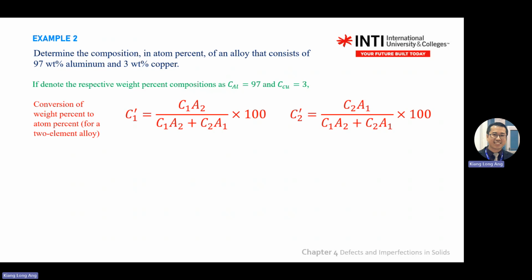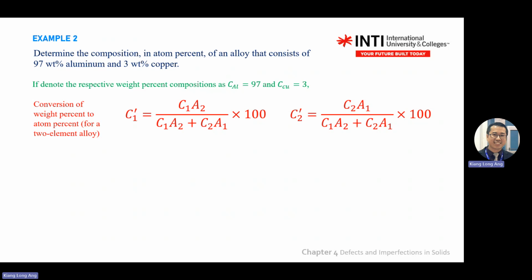So you can either memorize the conversion, or you slowly do the calculation. 97% of weight aluminium and 3% of copper. I'm showing you the one on the whiteboard. Slow way, or you can memorize.